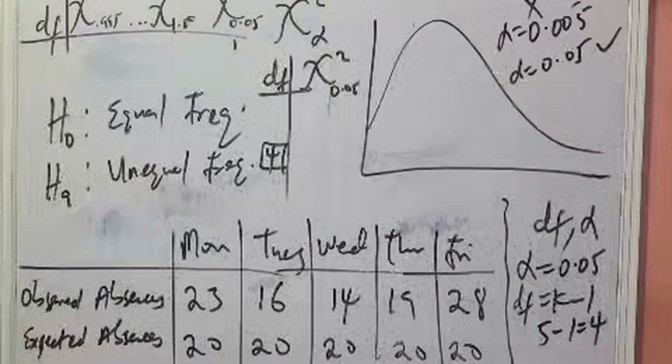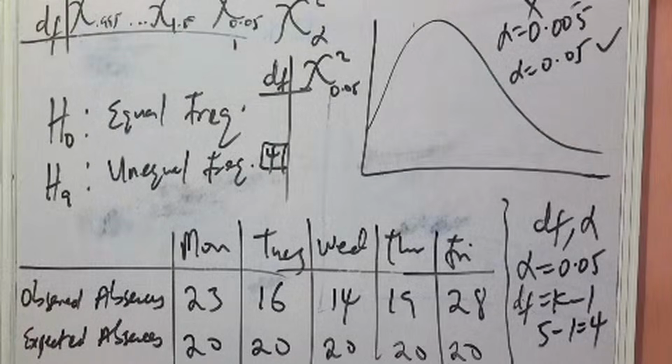So if you check 0.05 now, what did you get, guys? Yes, it was 0.005 that gave you 14.860. So what did you get for 0.05? Thank you. 9.488. Somebody is getting 7.815.